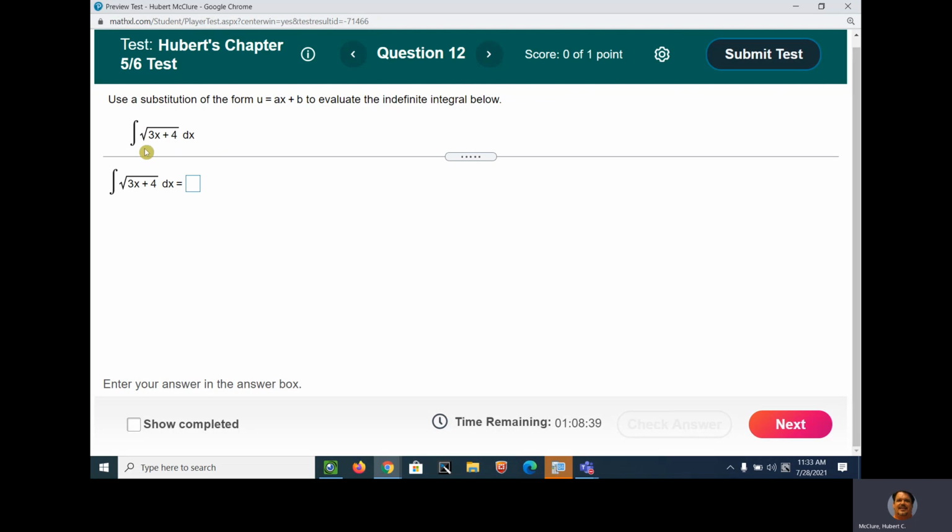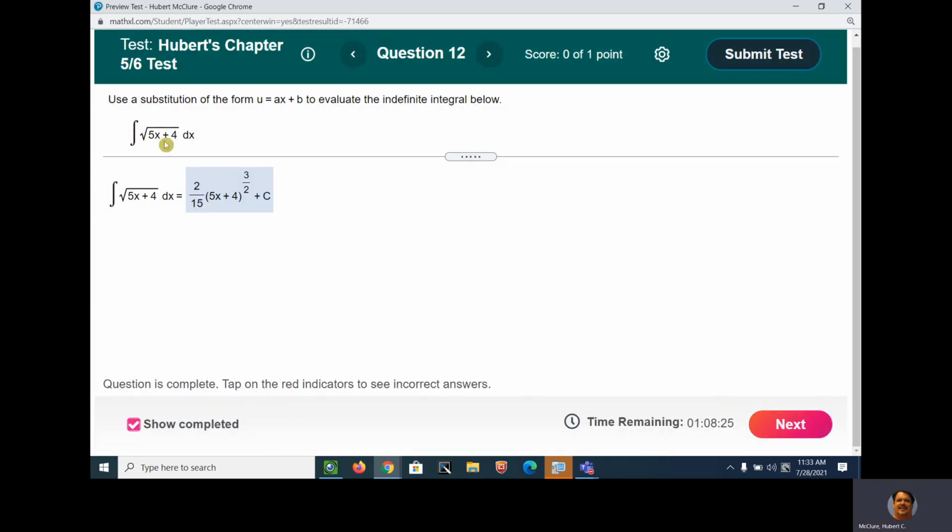Use the substitution form. U is equal to 3x plus 4. Du is equal to 3 dx. So you have to put a 3 here and a 1/3 out front. I'll give you one of the answers. There's one right there, and then you take the antiderivative.